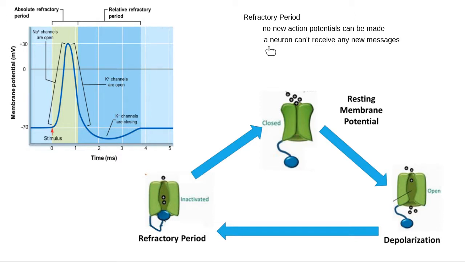Here's the easiest way to think about the refractory period. During the refractory period, I am responding to one message. I can't start a response to a new message at the same time. I'm overwhelmed entirely with responding to one message. I can't respond to another.